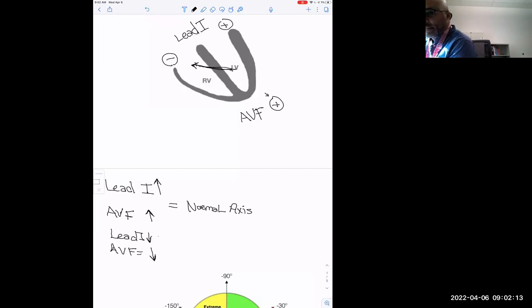When there is a negatively deflected QRS in lead one and a negatively deflected QRS in AVF, this is known as right axis deviation. Everyone good?